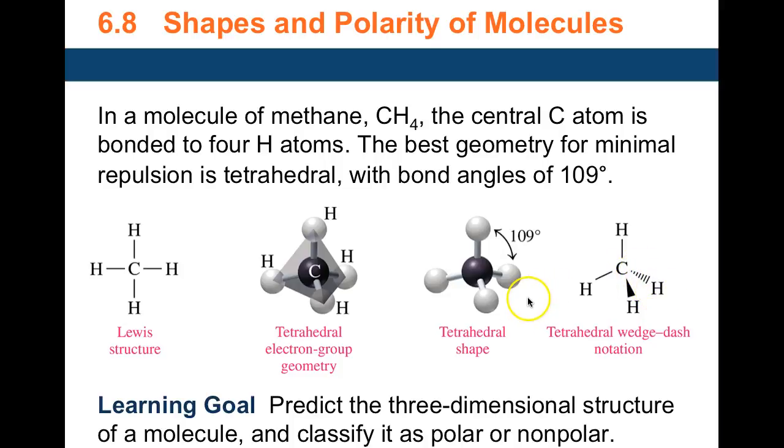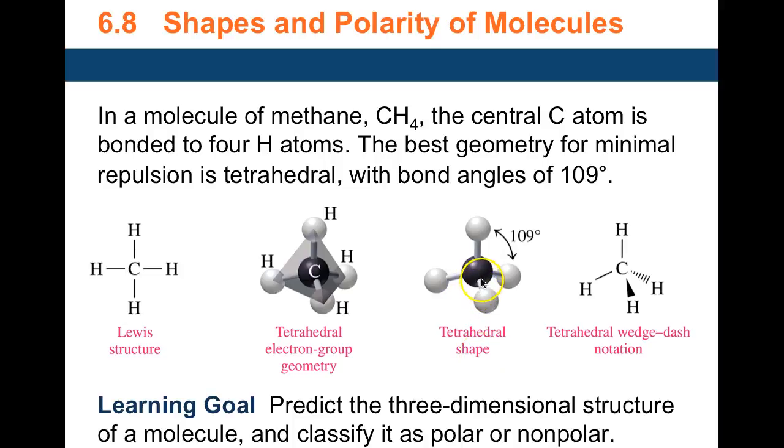The other thing to note is what the shape is like. It's kind of a pyramid type of shape, and that is referred to as tetrahedral. So the shape is tetrahedral.